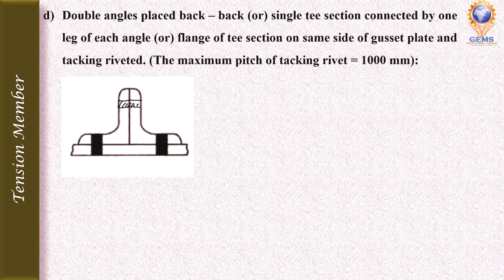You will have an x value, the connected one is x, and here to here will be the y value. It is an outstanding leg. So what is the net sectional area? A net is equal to A1 plus A2 into K2, where K2 is the reduction factor.